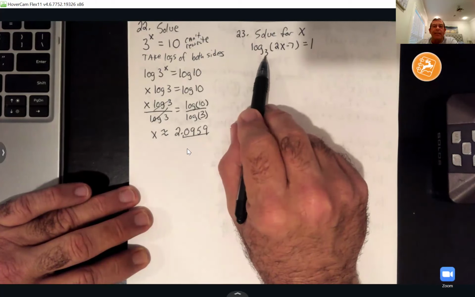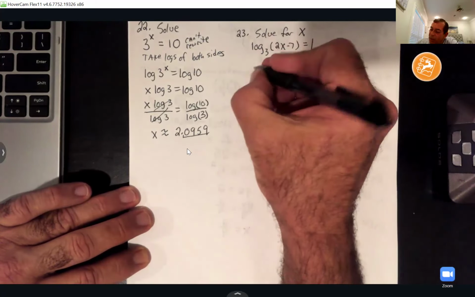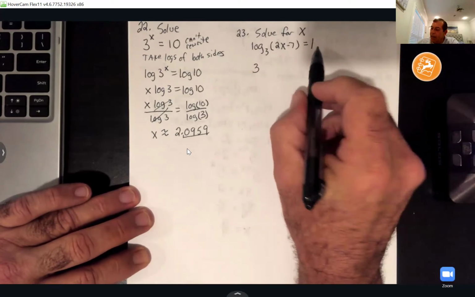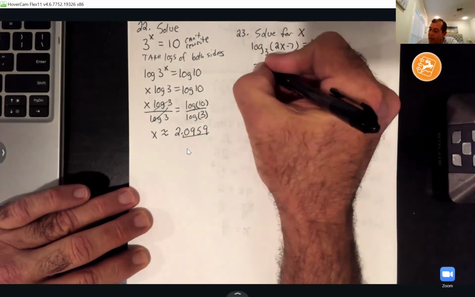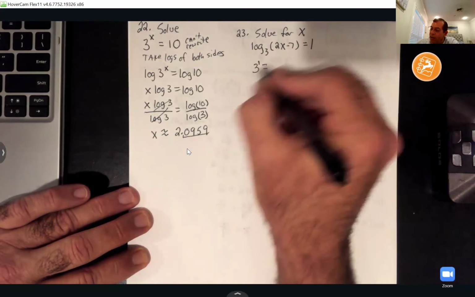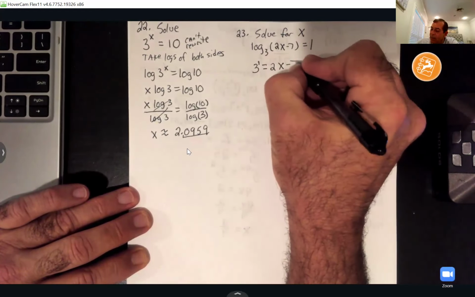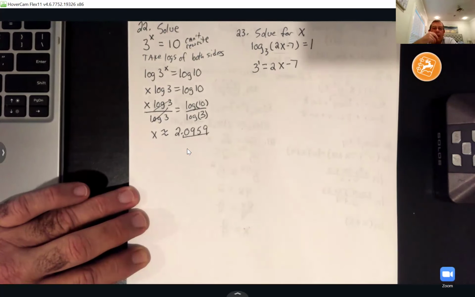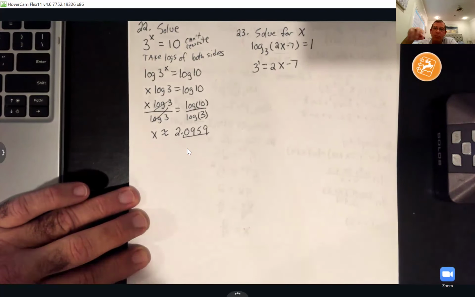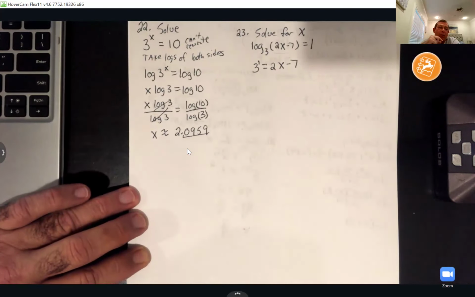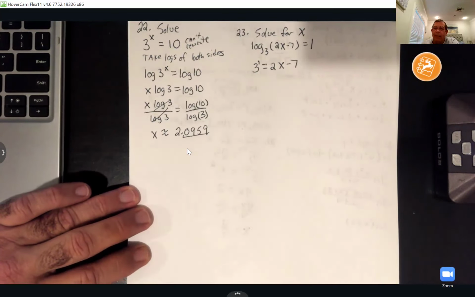So the base is the same as the base of the log. That's going to be 3. Exponent will be the 1. And 3 to the first is going to equal the 2x minus 7. Okay, so we're rewriting it just like we did on those problems around number 12 or something like that.